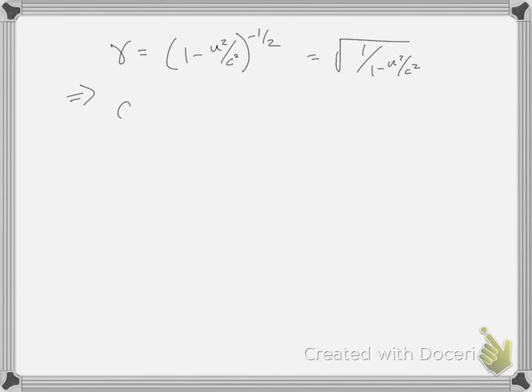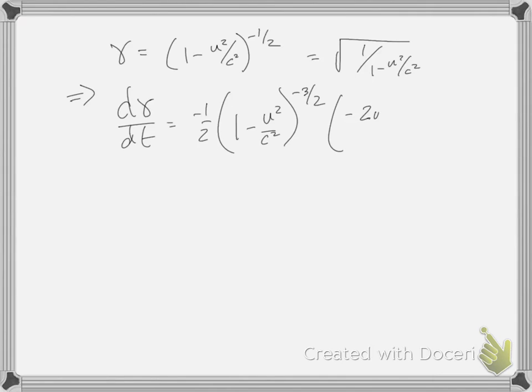Then therefore d gamma dt is equal to minus 1/2. So we pull the half down, and so we get 1 minus u squared over c squared to the 1 less power, minus 3/2, and then we have to take the derivative of the inside, which is minus 2u over c squared times du dt.